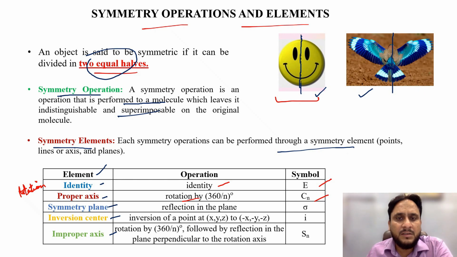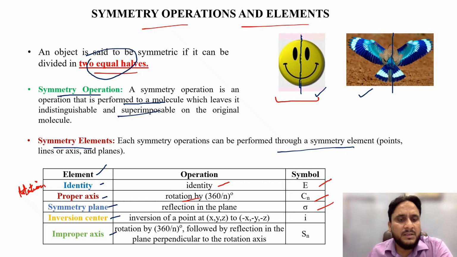Similarly, in this image also, with the help of a plane we can divide it into two halves. The operation which can be performed through a symmetry plane is the reflection. A reflection operation means that with the help of a plane, when the two halves are obtained, one half is exactly the reflection of the other half, and it is represented by a symbol sigma.